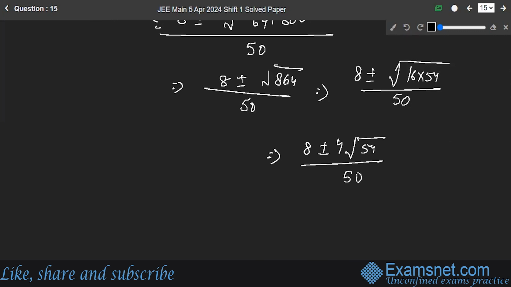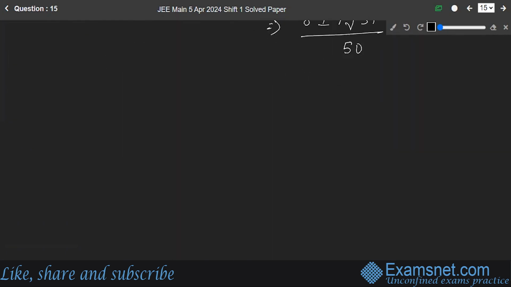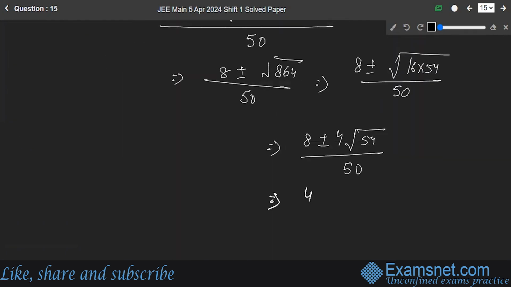Divide the numerator and the denominator by 2. You have 4 plus minus 2 root 54 upon 25. I think this is it.